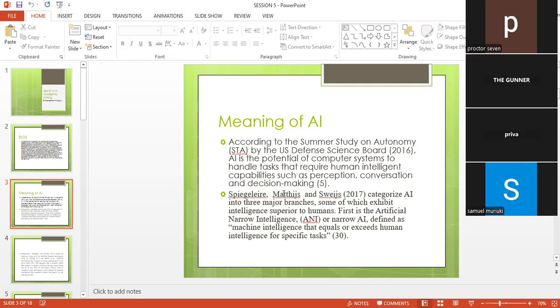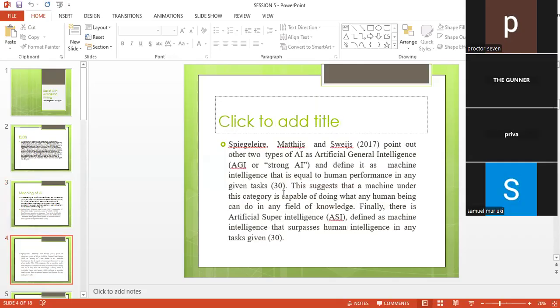First is the artificial narrow intelligence, ANI. It is machine intelligence that equals or exceeds human intelligence. So ANI, artificial narrow intelligence, has intelligence equal or more than that of a human being.